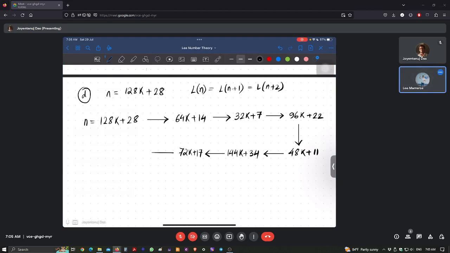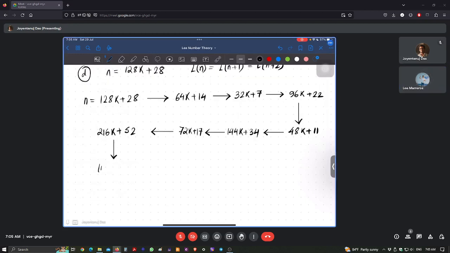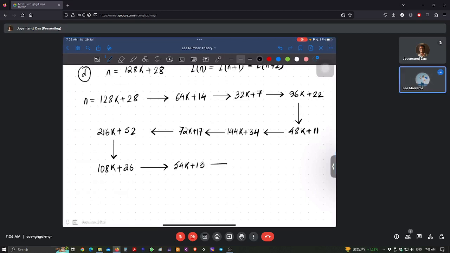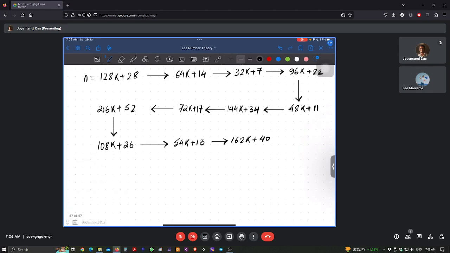Then 216k plus 52, then 108k plus 26. Then you have 54k plus 13, then 162k plus 40. Okay, let us stop here and then check for n plus 1.